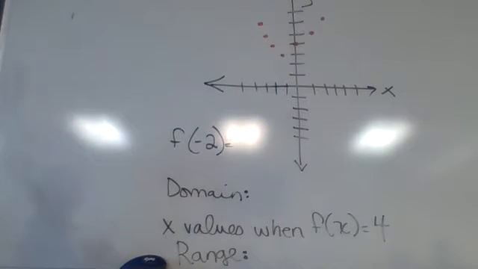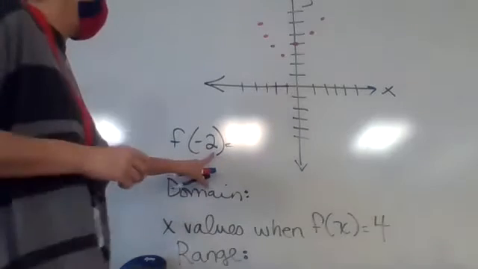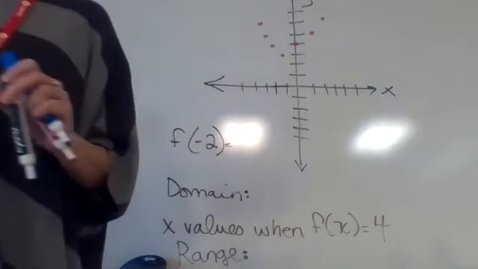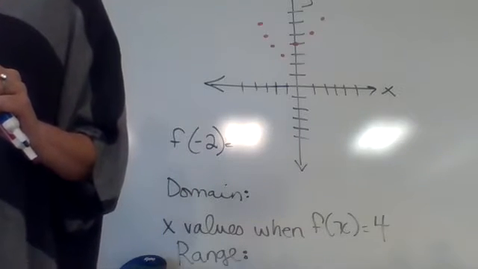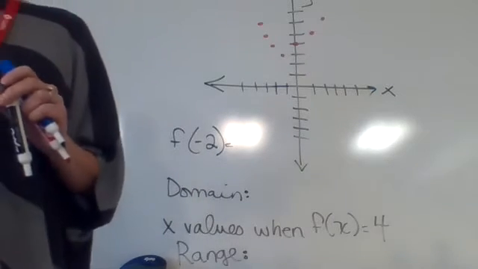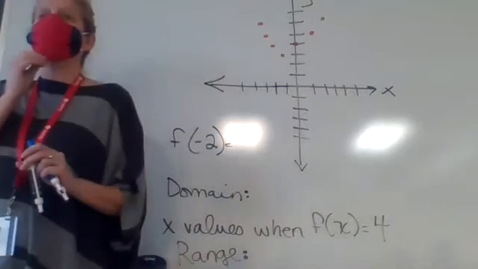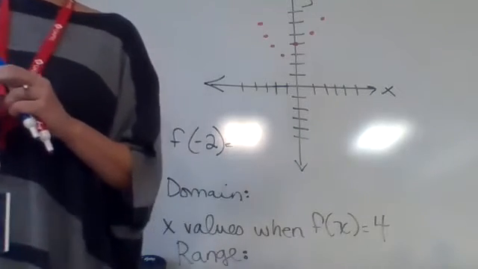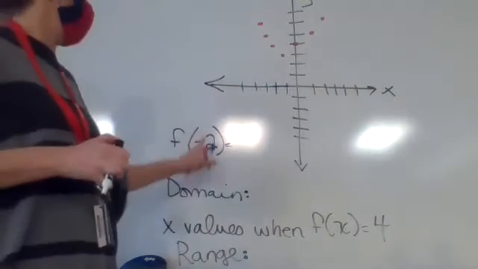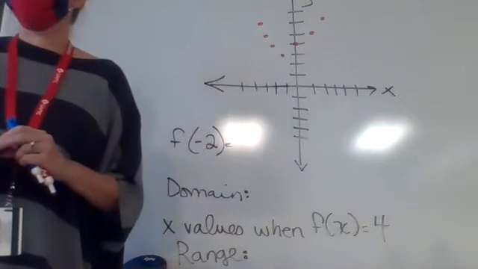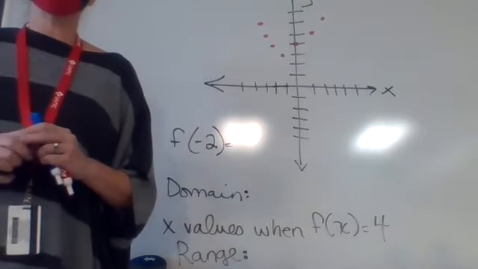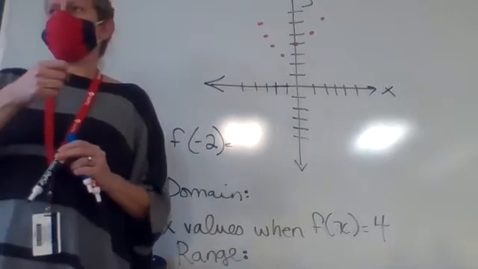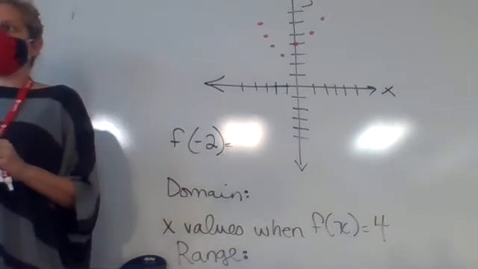All right, f of -2. Here's what I'm finding first. The number that is inside here is your x. So what it wants you to do is find f of -2, which means what is the y that goes with -2? What does x being -2 mean? Left 2, right?